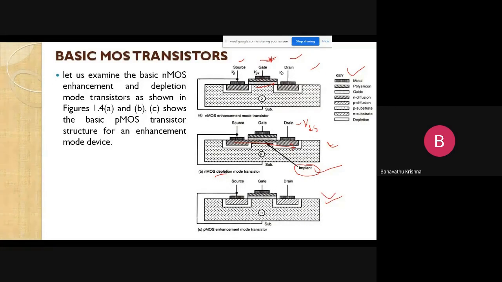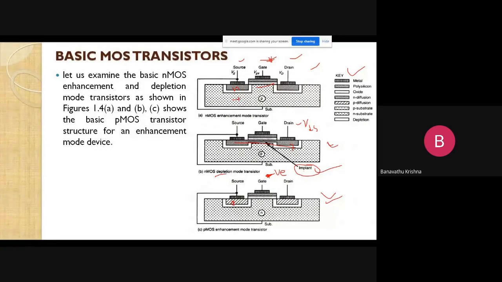In the PMOS enhancement mode transistor, here we apply a negative voltage. Due to this negative voltage, we can establish the channel in the P channel enhancement mode device. Here this is the P diffusion region, and here this is the N diffusion region.